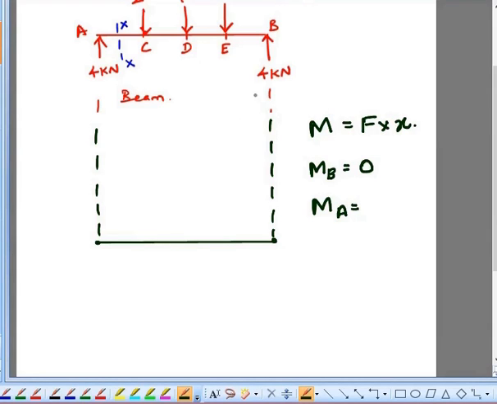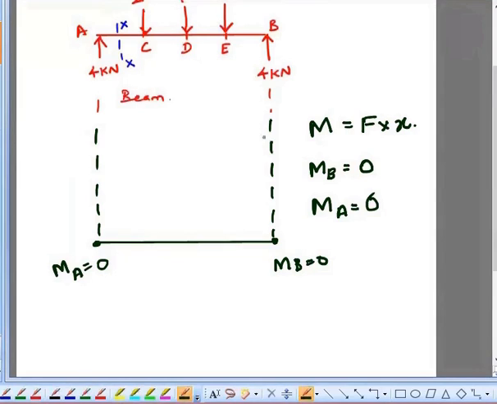Always for a simply supported beam, at the supports, points A and B, you will have the moments as 0. Here I am having the moment as 0, and here also I am having the moment 0.